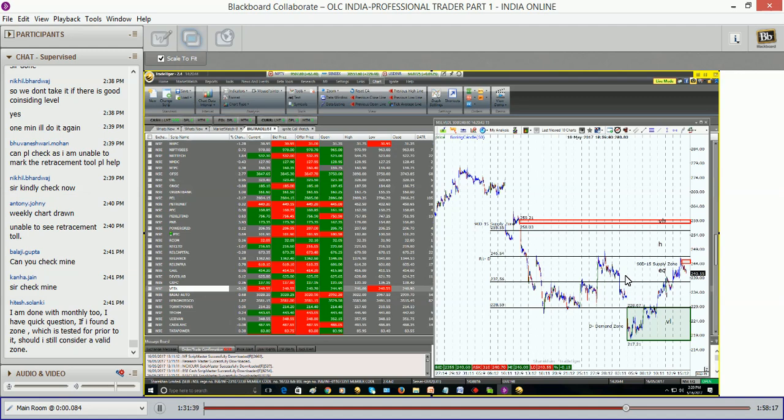Yes, that is correct. Now your equilibrium is from 427 to 449. Now can you go back please? Can you go back please?